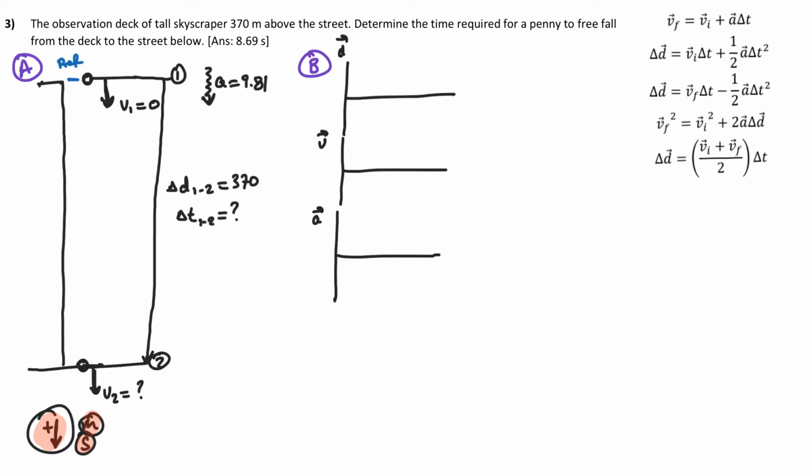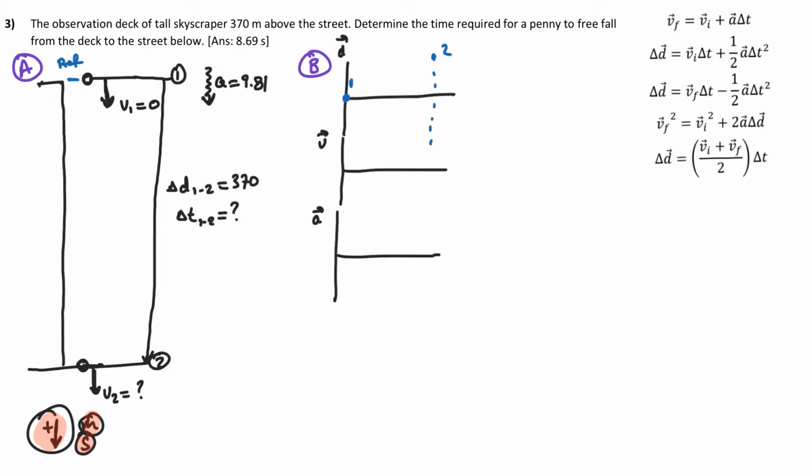Let's start with position, just drawing the two dots. Initial position is right at the reference point, and since I'm taking down to be positive, everything down will be positive and everything up would be negative. And the final position is somewhere down, meaning somewhere in the positive region. So this is stage 1 and stage 2 is somewhere here.